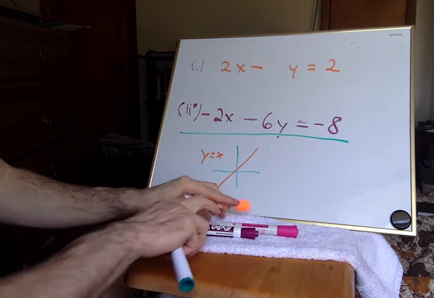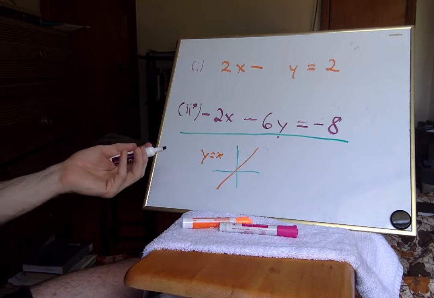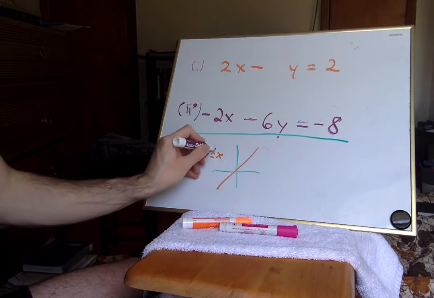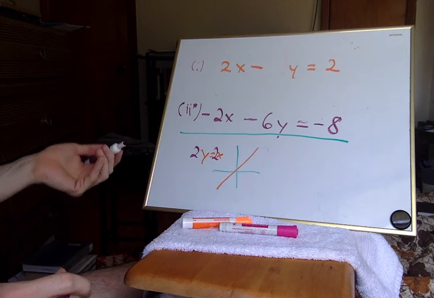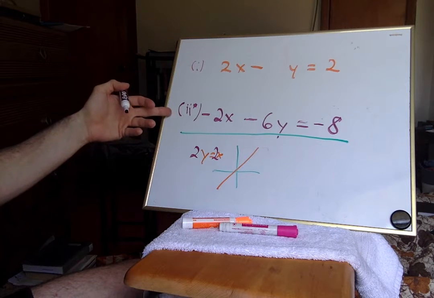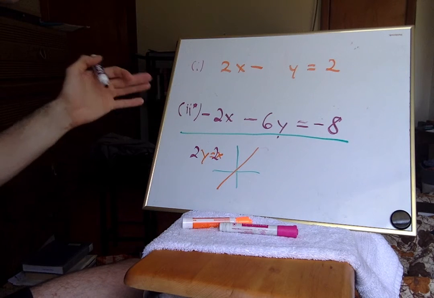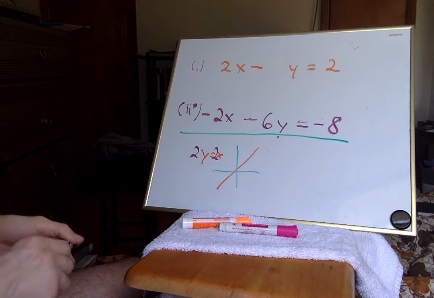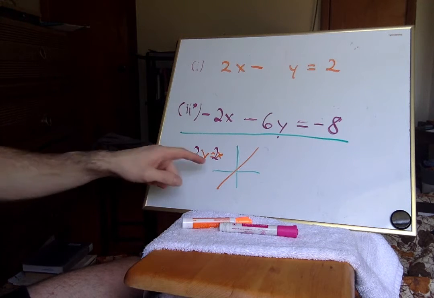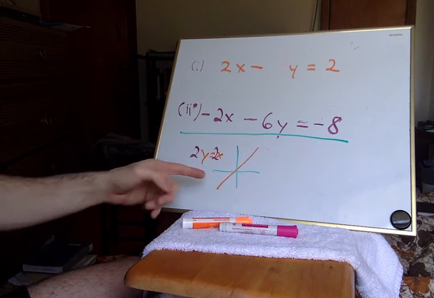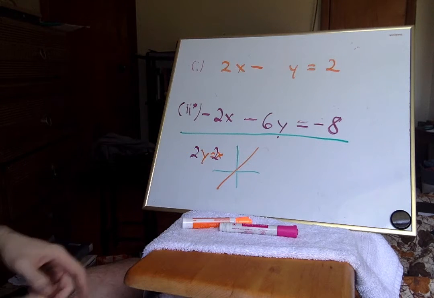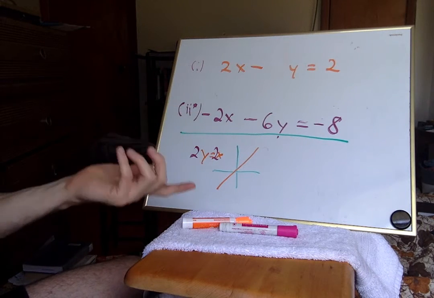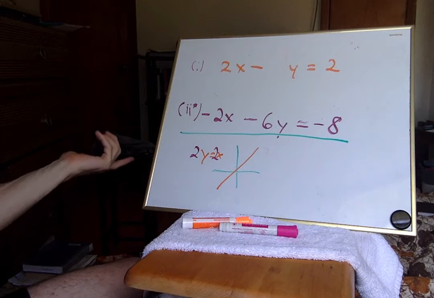Now suppose everything in this equation I multiply by 2. That's what we did to get 2 star: we multiplied everything by a number, in this case -2. Well, suppose I did something similar to y equals x. Now I have 2y equals 2x. It's really the same graph, right?